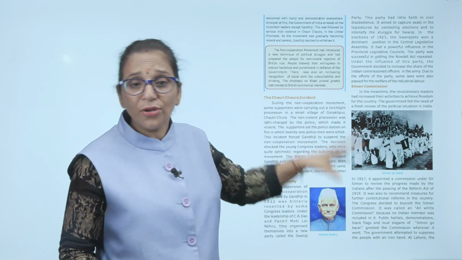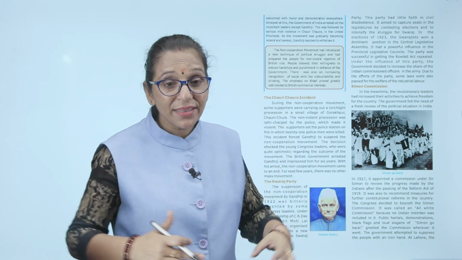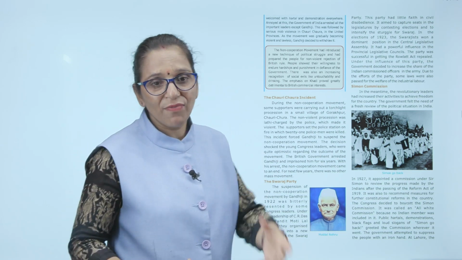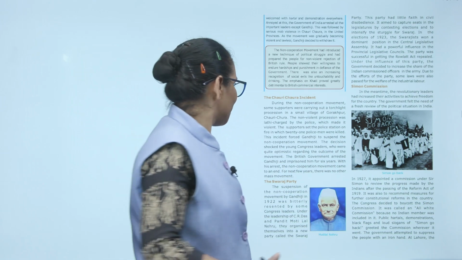So we can say this non-cooperation movement introduced a new technique to the political struggle and prepared the people on how, by using non-violent methods, we can pressurize the British rule. And this movement also showed the willingness to endure hardship and punishment in defiance of the government.